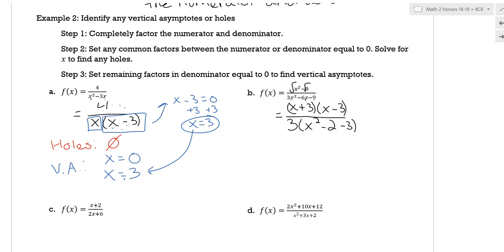This is still a quadratic that I can factor. Negative 3, negative 2, so that's 3 and 1. So negative 3 and positive 1.